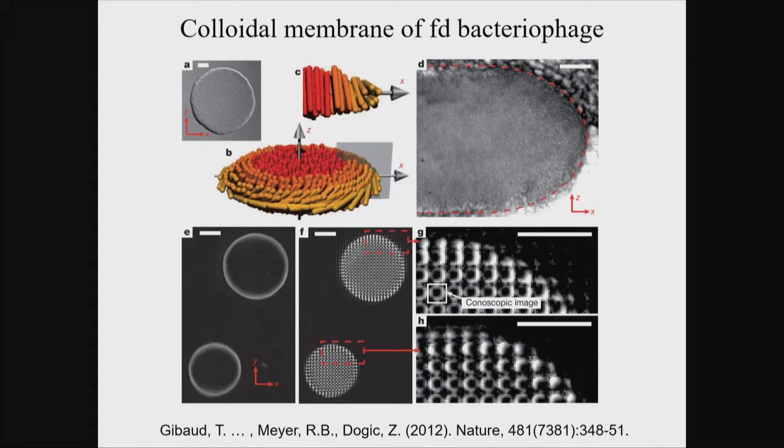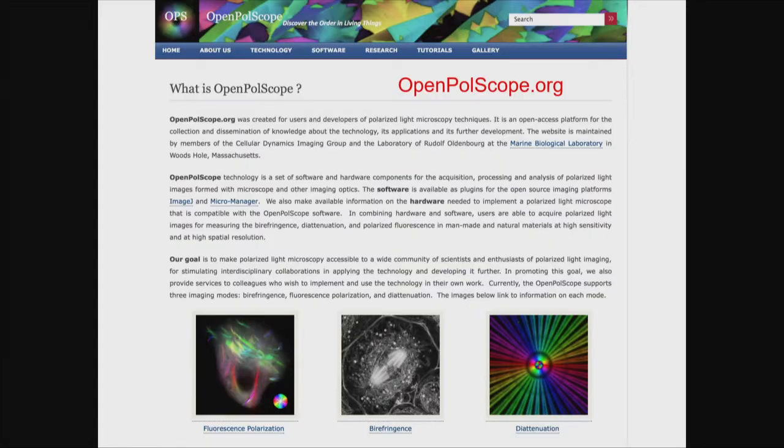So it's 3D orientation. As you can see, the hardware is really simple, and the magic is in the software that reconstructs these images, and that's something we are working on. We aren't really there yet.